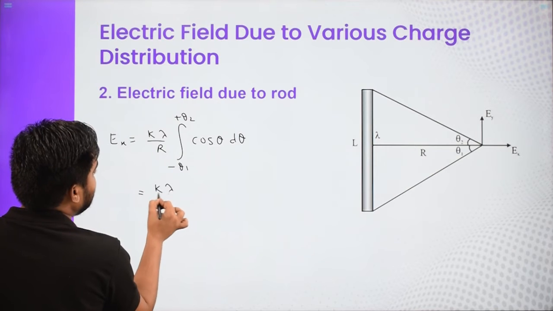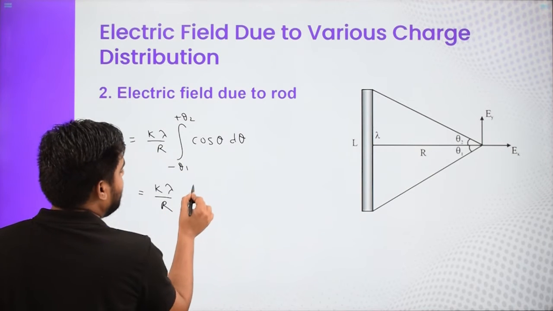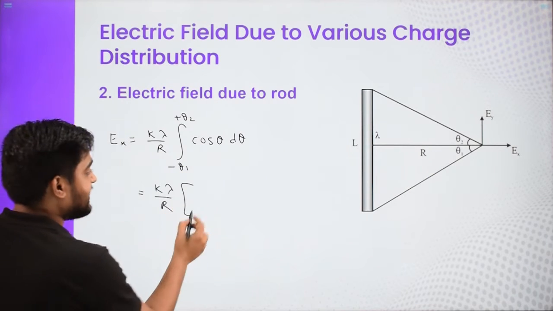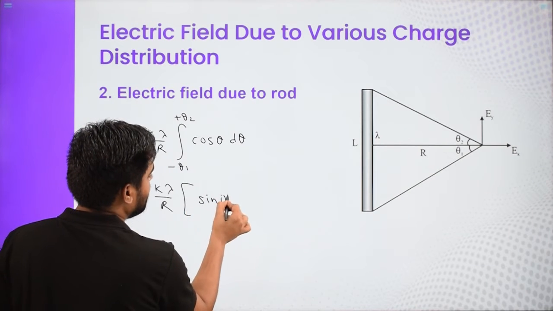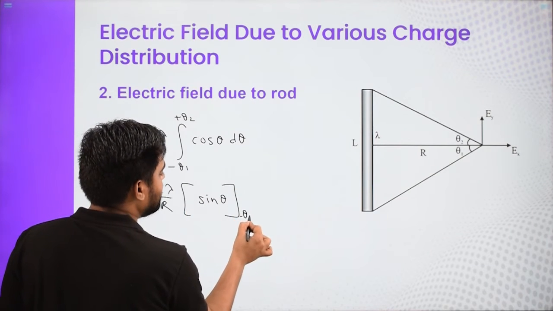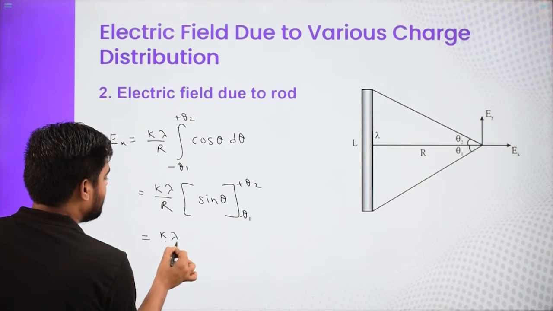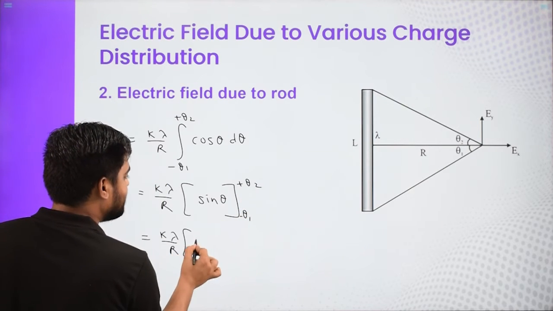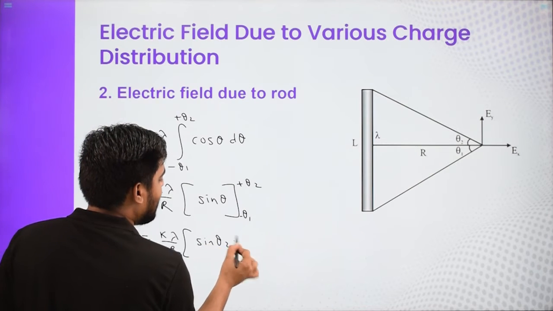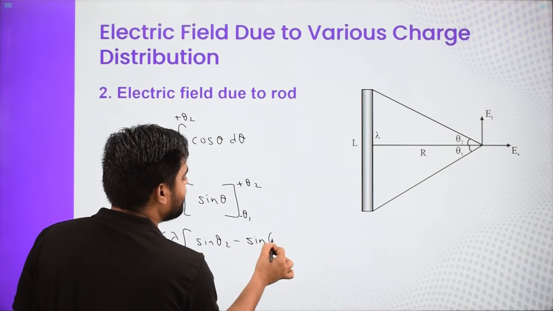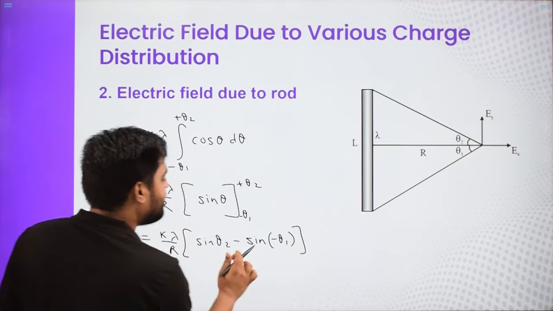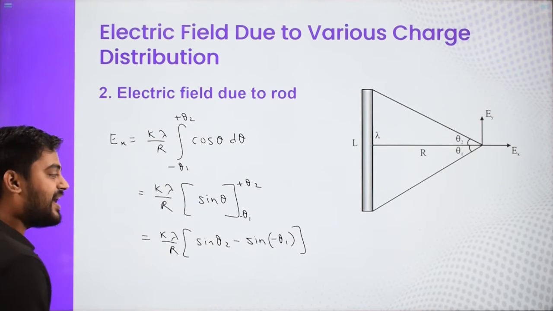That gives us k lambda by r. Now integration of cos theta is nothing but sine theta from minus theta 1 to plus theta 2. Put the limit: k lambda by r, sine theta 2 minus sine of minus theta 1. Now we know that sine of minus theta is minus sine theta.